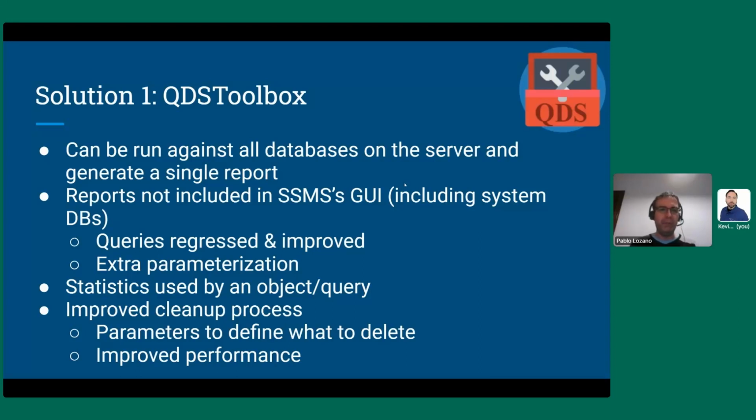There are some other reports that were not included in Management Studio's GUI, like the system databases. MSDB is a system database. If you look into the documentation for Query Store, they mention that this is not supported for system databases, but it is supported in MSDB. What is not supported is the reporting system.